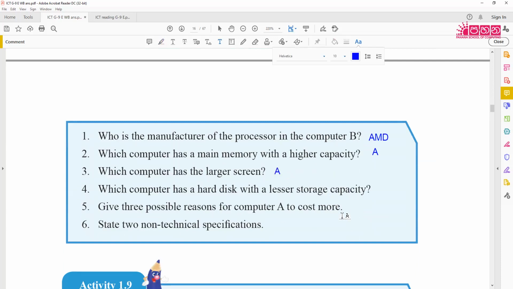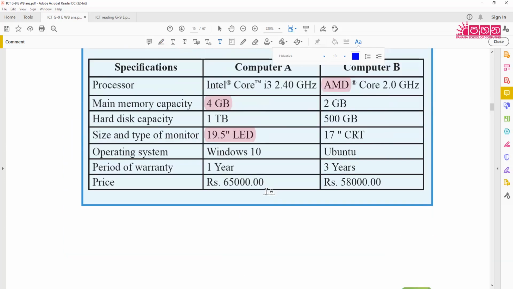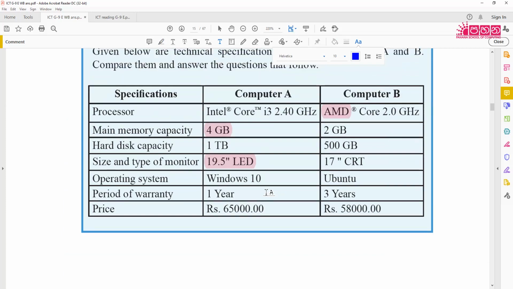Right. Which computer has a hard disk with lesser storage capacity? Computer with lesser storage capacity. Is it A or is it B? Dhananji?